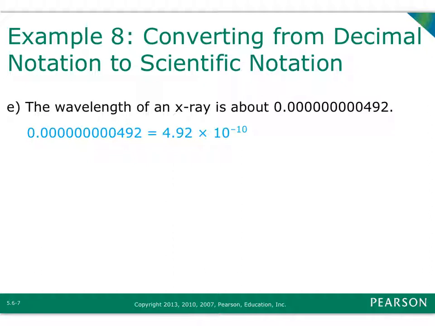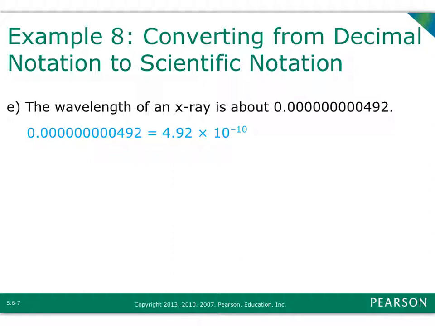Now in part C, we're going to take the wavelength of an X-ray, which is about 0.00000000492, and convert it into scientific notation. It's not very fun to say all the zeros.